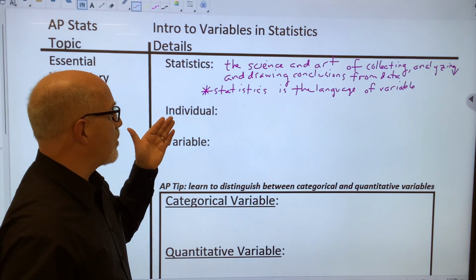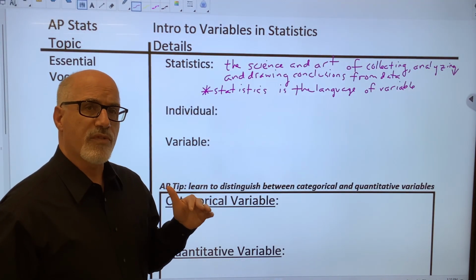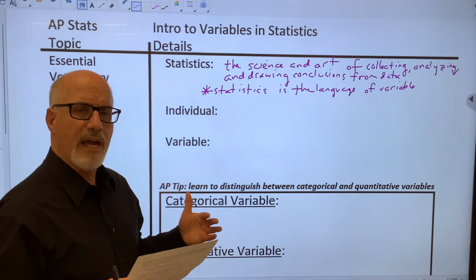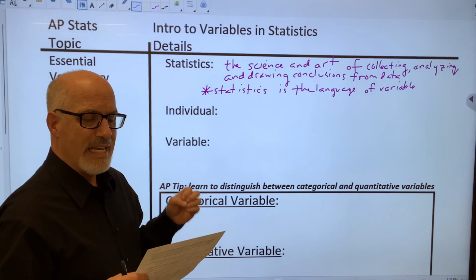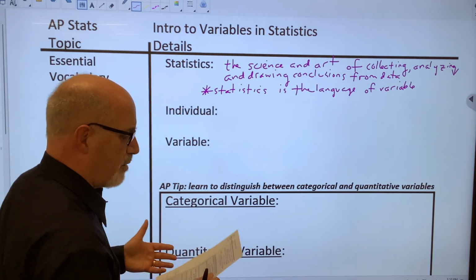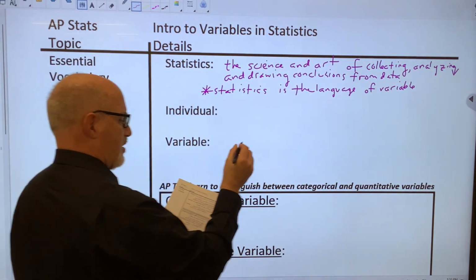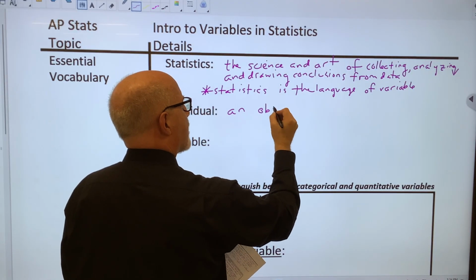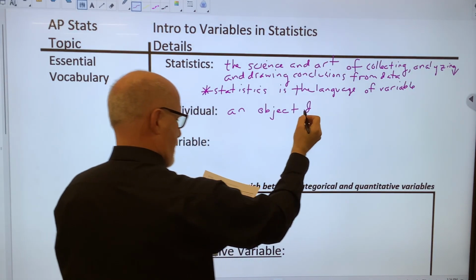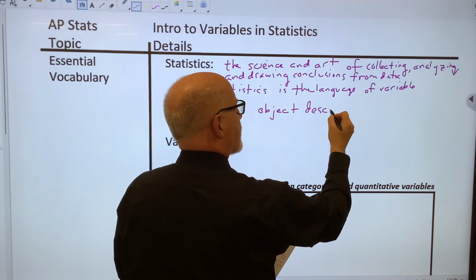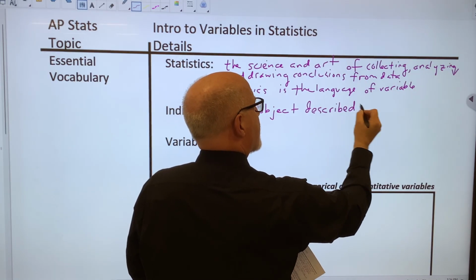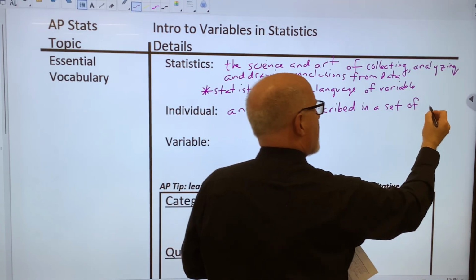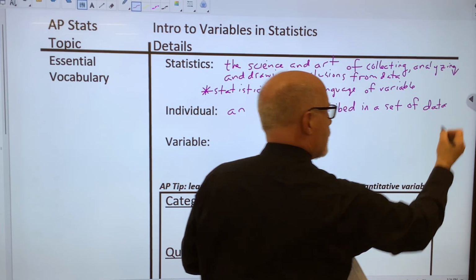We do use the word individual, which doesn't always refer to a person. An individual will be something that will describe the set of data. It could be people, animals, or it could be just things. So an object described in a set of data. So sometimes we'll collect data and the individuals will be people.